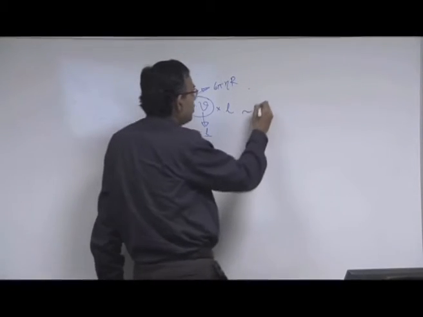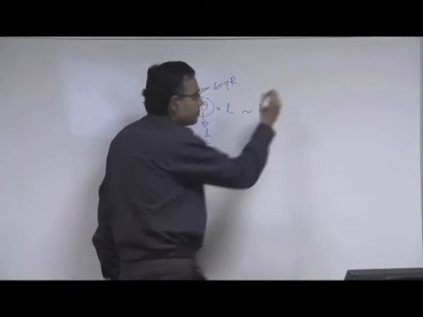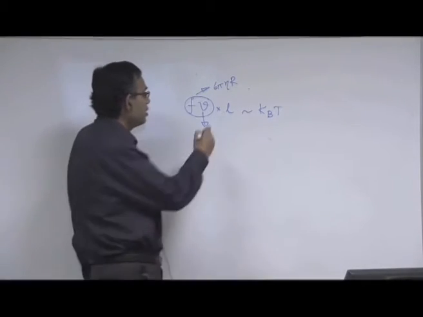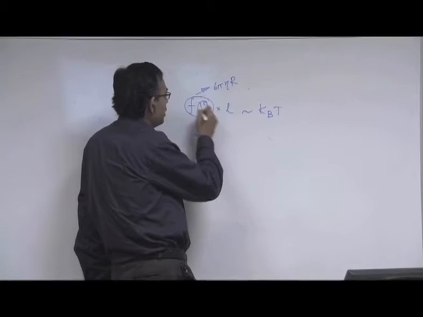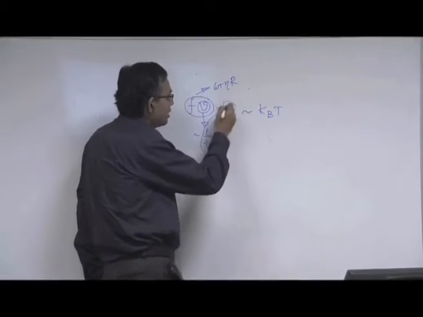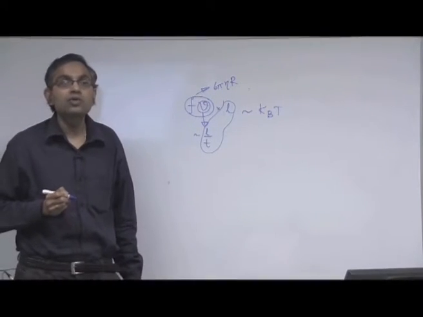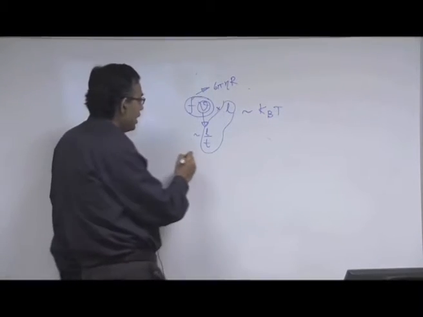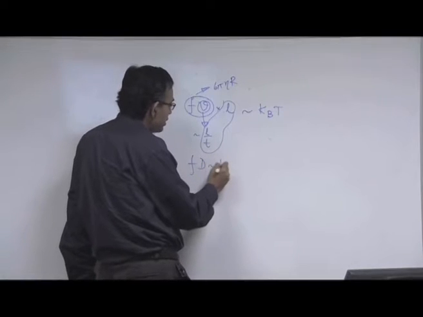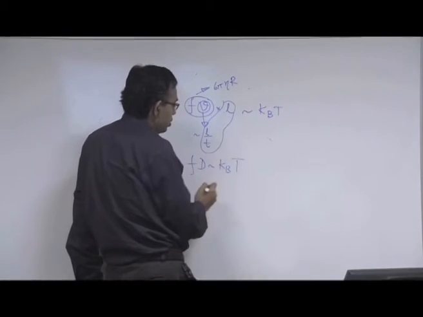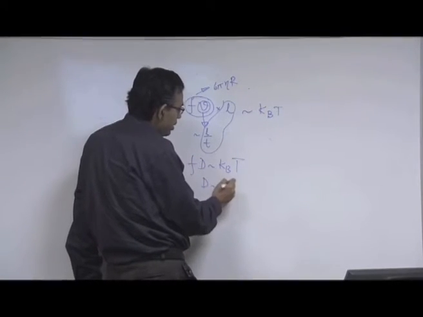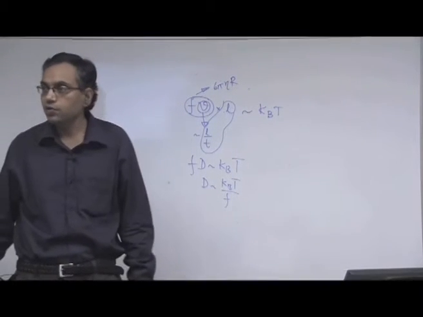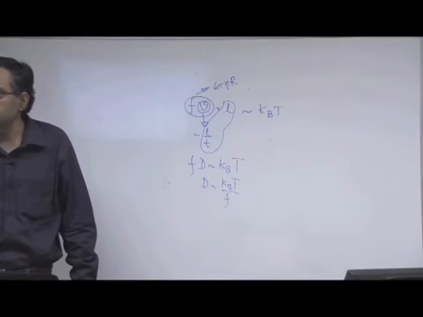So what is the thermal energy? That is kB into T, Boltzmann constant times temperature. And what is this L square by T? This is nothing but the diffusion coefficient. So F into diffusion coefficient is kB into T. So D is equal to kBT by F. This is a very famous relationship called the Stokes-Einstein relationship.